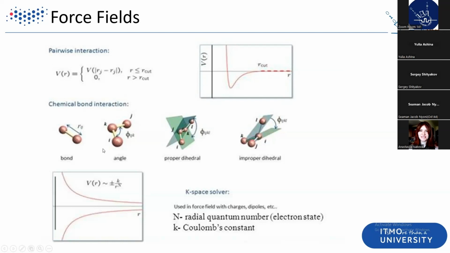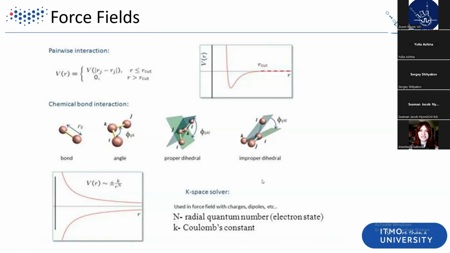So we have bonds, angles, proper dihedrals and improper dihedrals, and we have different potentials like van der Waals and electrostatic Coulomb constant. This is for the electrostatic potential, and this is for the van der Waals potential. So these are the most important parameters that we have in the force field.